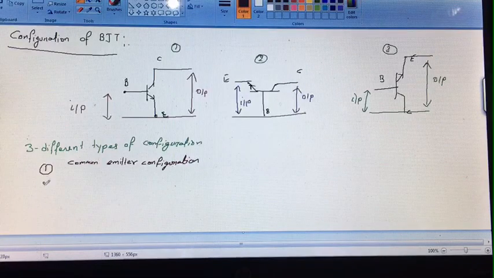Now, second one. Here base is common between input and output.